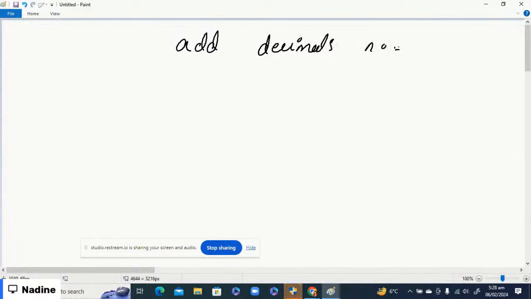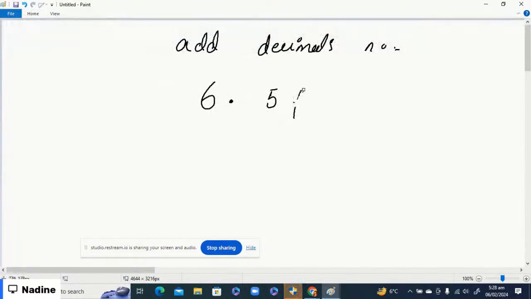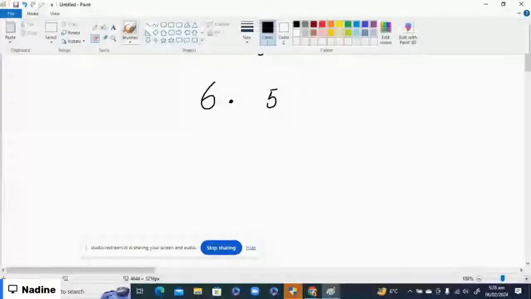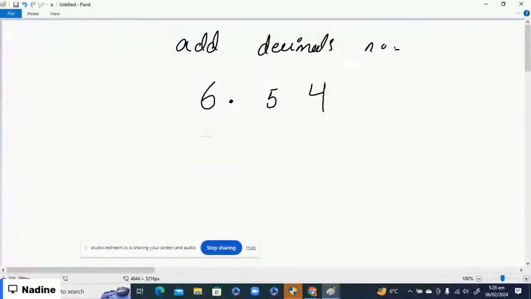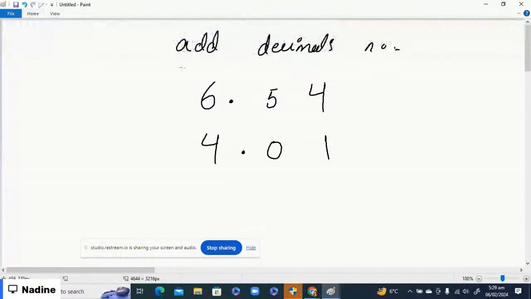Okay, now look. If the question is like this, 6.54, and then the point, for example, 0 and 1. As we know, from the start this is in the ones place. I'm just going to put O for the ones place.